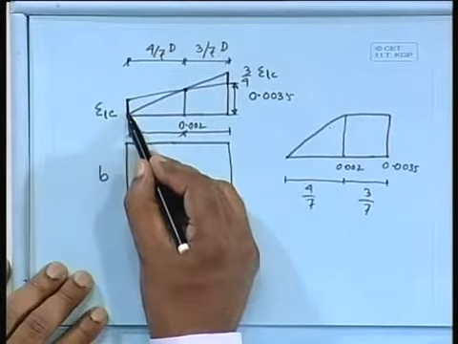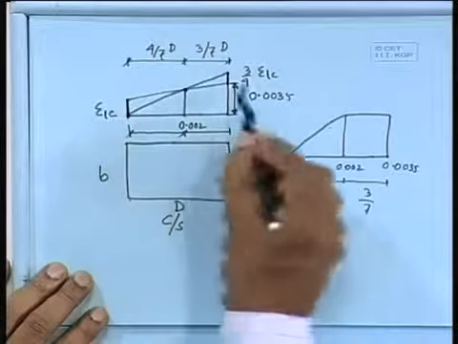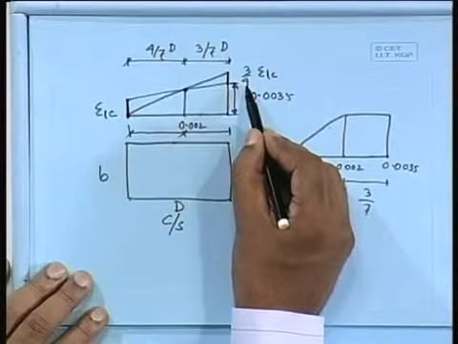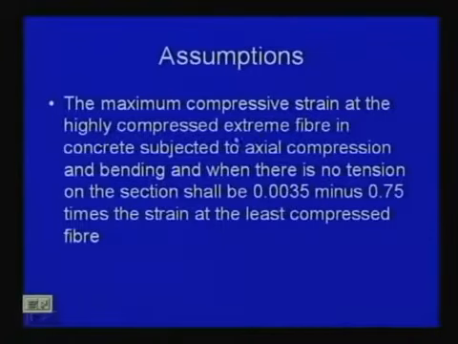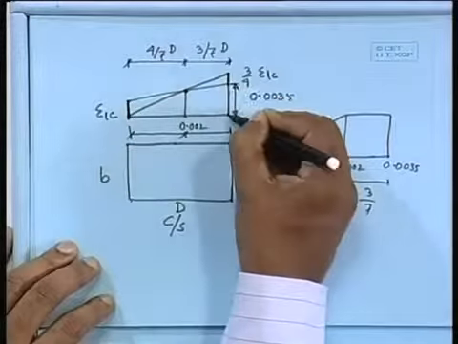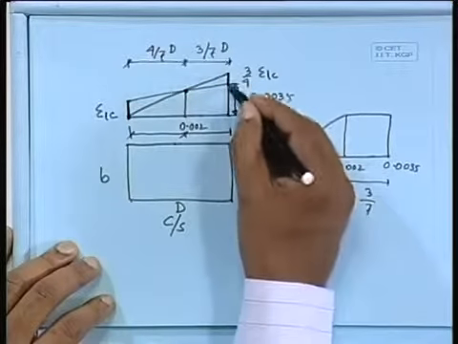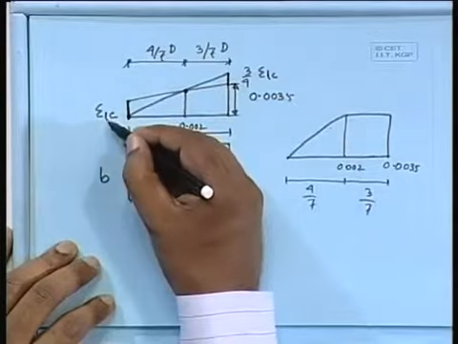So I shall get a certain compression strain here, and the corresponding one is 3/4, which is 0.75. That is why the code says the maximum compressive strain at the highly compressed extreme fiber in concrete subjected to axial compression and bending, that means axially loaded as well as bending, and when there is no tension on the section, shall be 0.0035 minus 0.75 times the strain at the least compressed fiber. So this is your least compressed fiber and this is the maximum stressed. That way you can find it out.